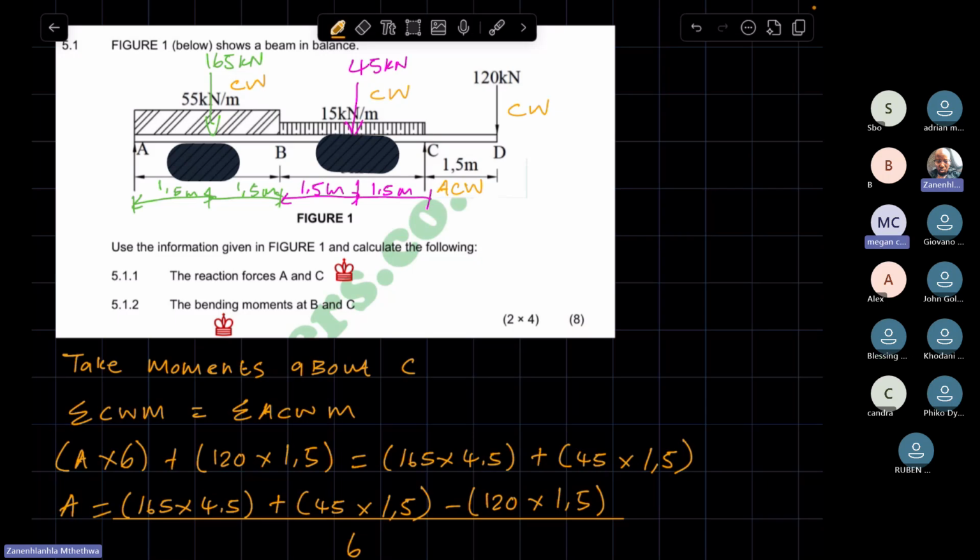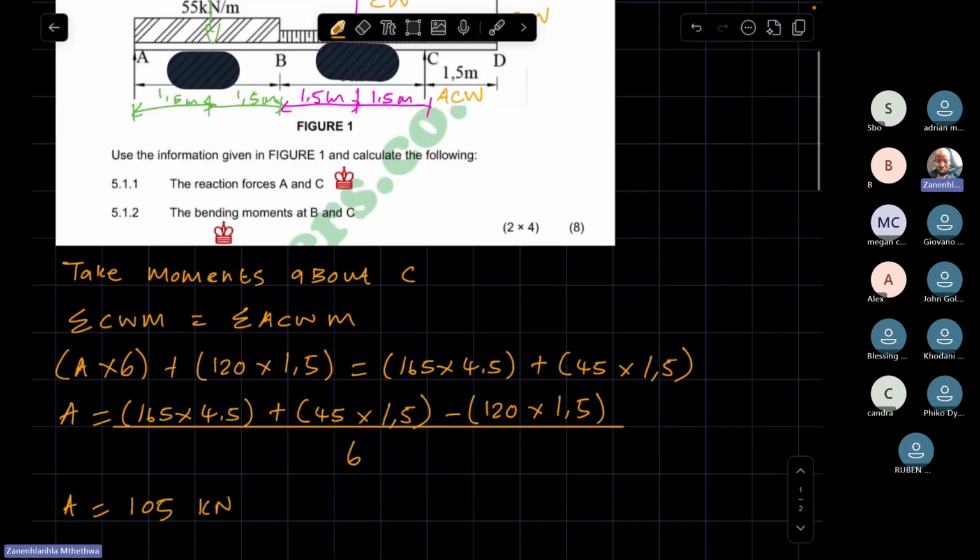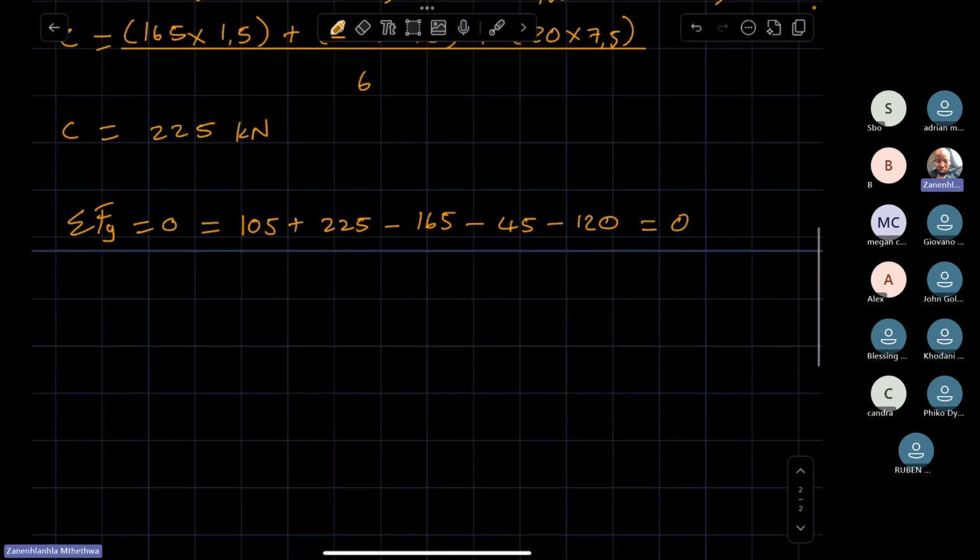Yes. Now with bending moments, the approach I teach you is very simple, because we consider forces going down as being negative and forces going up as being positive, whether you select forces on the left of the point or forces on the right of the point.